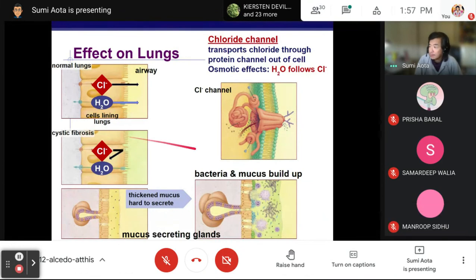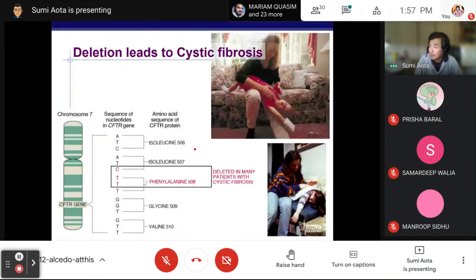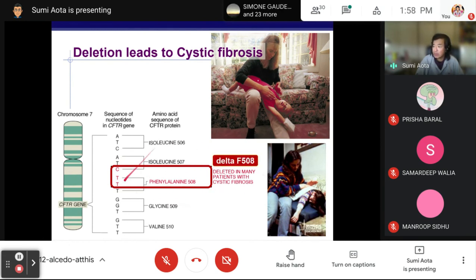Okay. So what happens in this particular illness is that people who have this condition usually have these three bases, CTT, on chromosome number 7 somehow get deleted. Okay. And so this mutation is called delta F508. You don't need to know that. I'm just giving that to you for completeness.